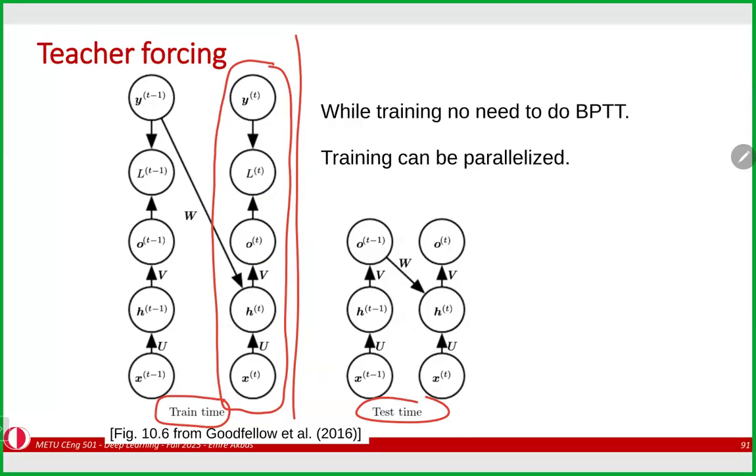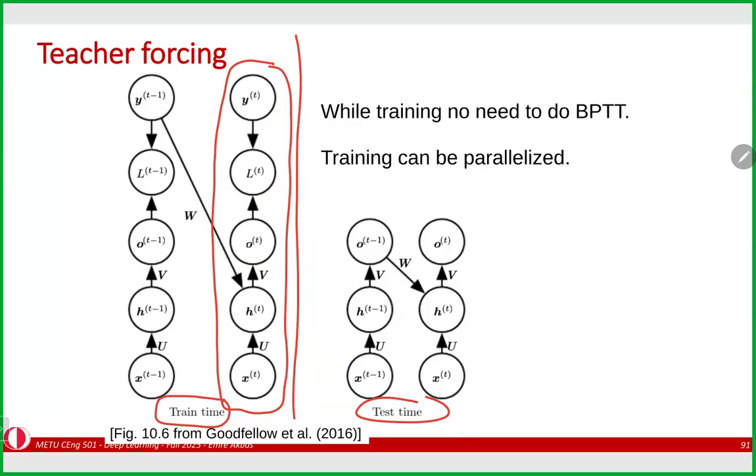So maybe it's abstract for you, but think of X as the words in a sentence, okay? And think of Y, the labels, as the, what? I don't know. What could be the word tags?